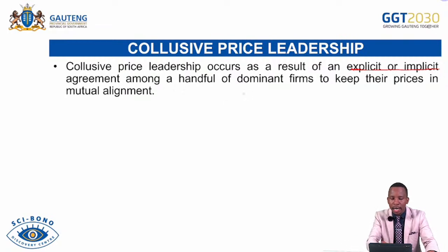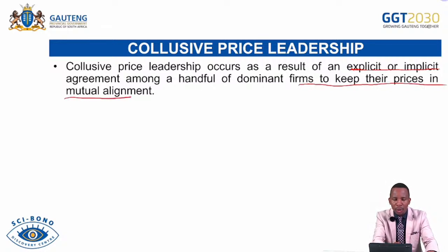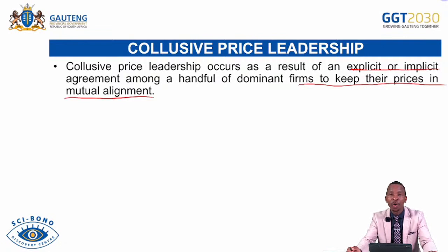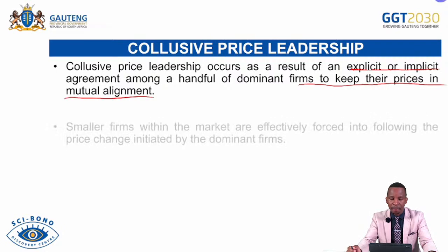It is an agreement among a handful of dominant firms to keep their prices in mutual alignment. So this one can simply be explicit or implicit. Remember, collusion can occur either in an explicit or implicit way.